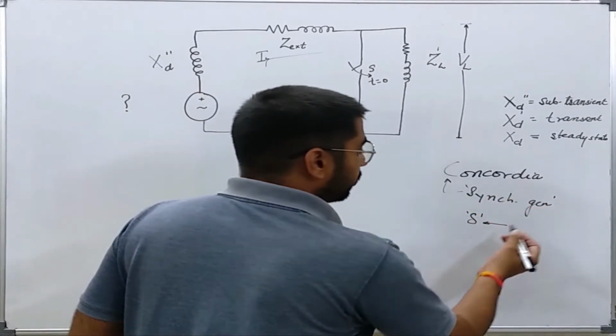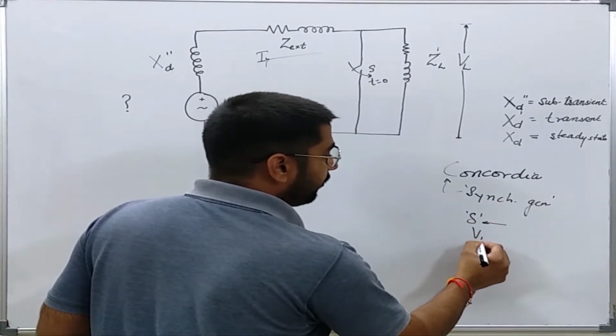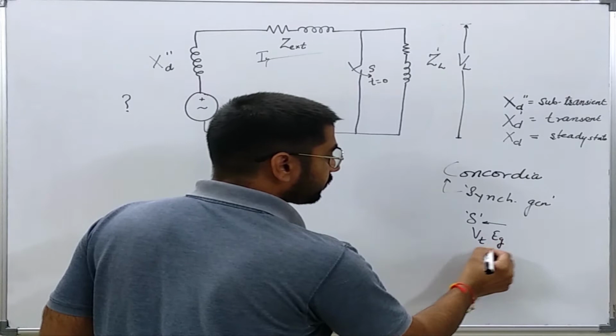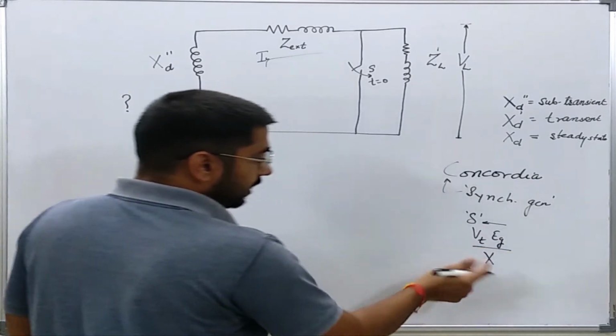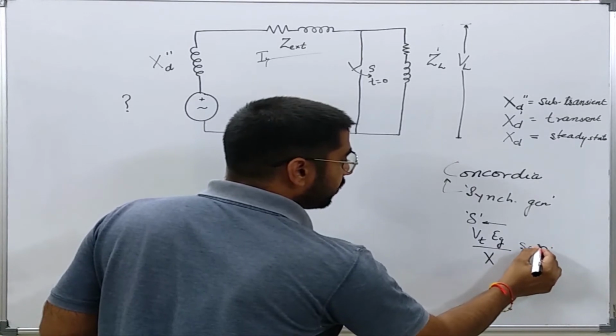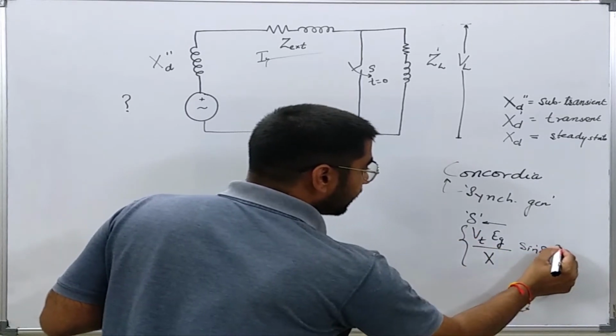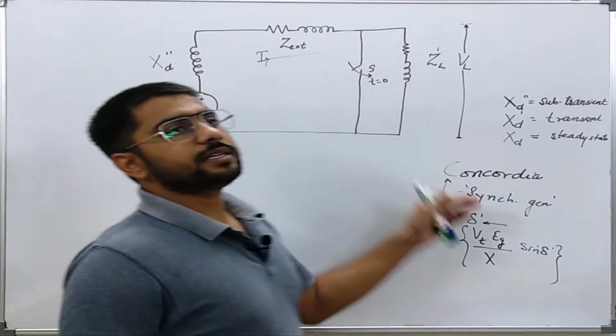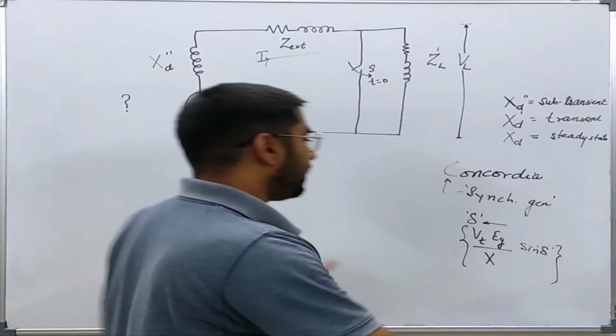If I go through the equation, it is actually VT EG over the reactance between these two, times sine delta. So you see that whenever there is load on the generator, this delta will play some role.